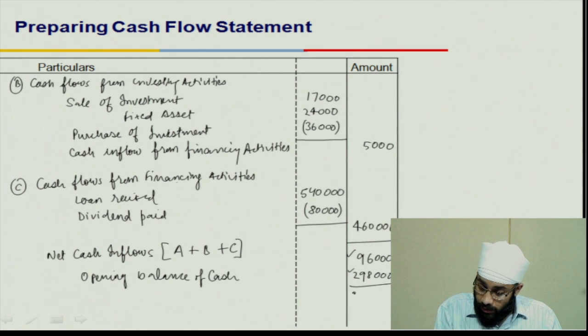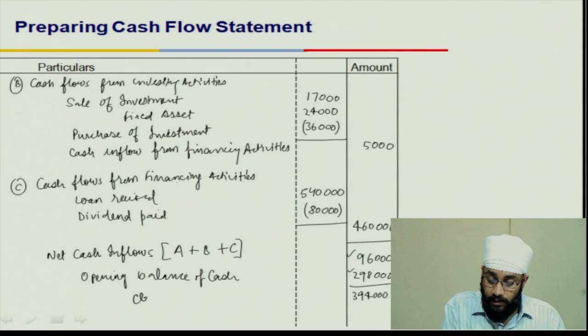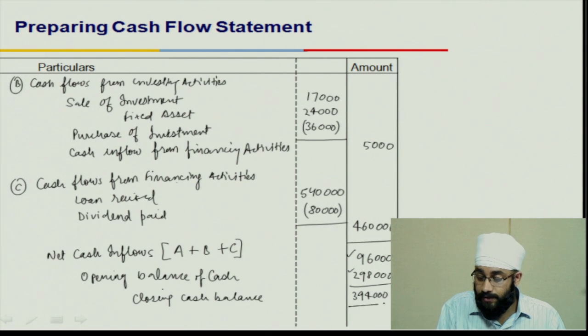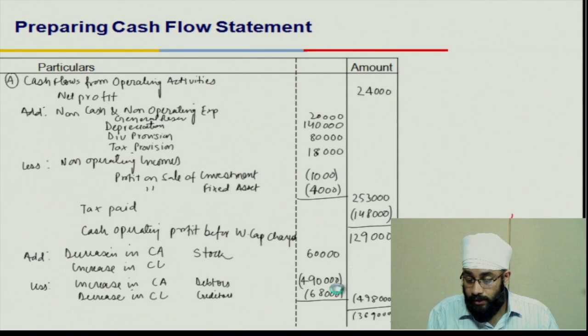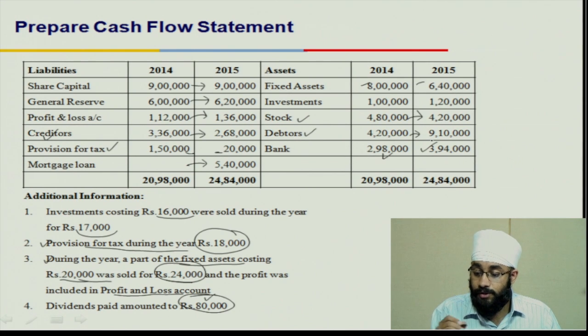That gives you a total of 394,000 as the closing balance of cash. And if this is equal to the closing balance of cash in the balance sheet, your calculations are fine. So let's look at the closing balance, which is 394,000, and this tells us that our analysis of where cash went and where cash came from is correct.